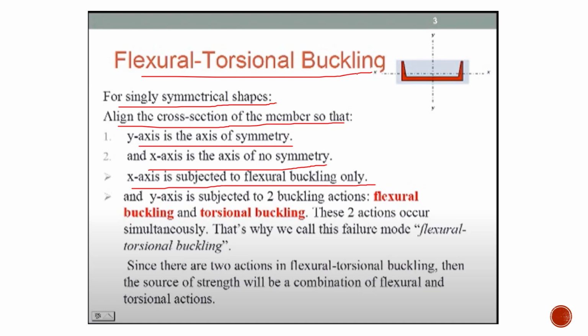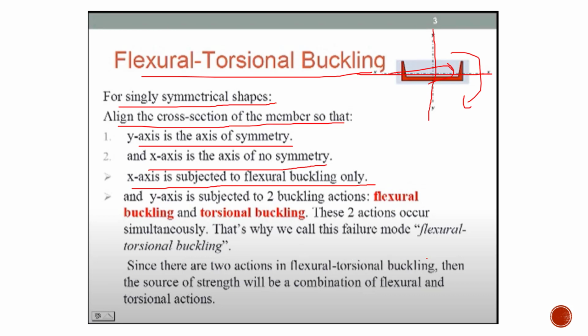So about this horizontal axis, the beam will have a flexural buckling. And about the y-axis, it is subjected to two types of buckling. About this axis, it is subject to the bending as well as the torsion. These two actions occur simultaneously. That is why we call this a flexural torsional buckling.